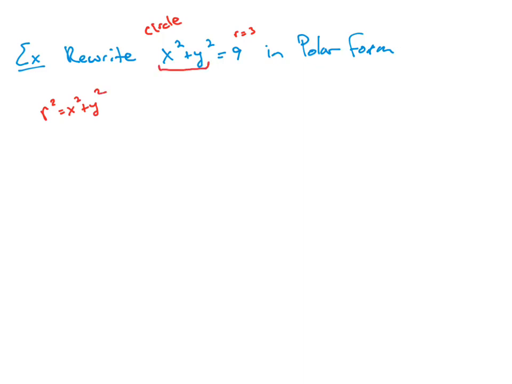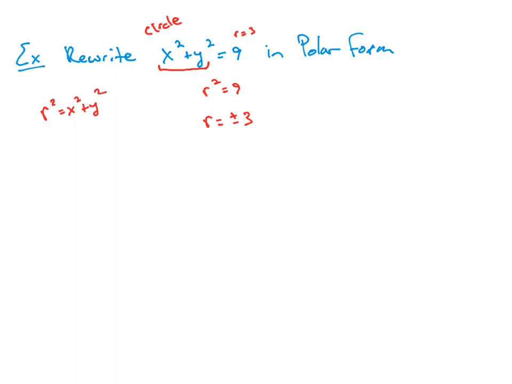So we can rewrite this as r squared is equal to 9. And typically when we rewrite an equation in polar form, we would like r to be as isolated as possible. So r is going to be equal to plus or minus 3 here. And that's it. So that one's pretty straightforward, just one substitution.